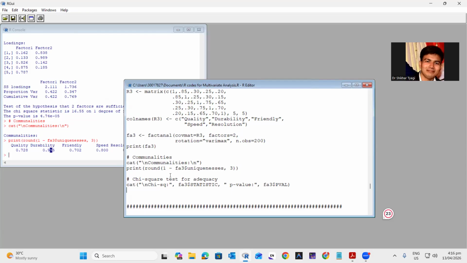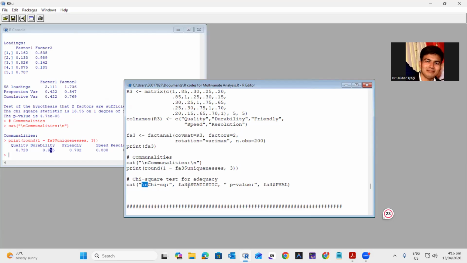After that, we have the chi-square test for adequacy. Here we apply the command cat again, which we used earlier. We use cat to print text or values together, and backslash n creates a new line.